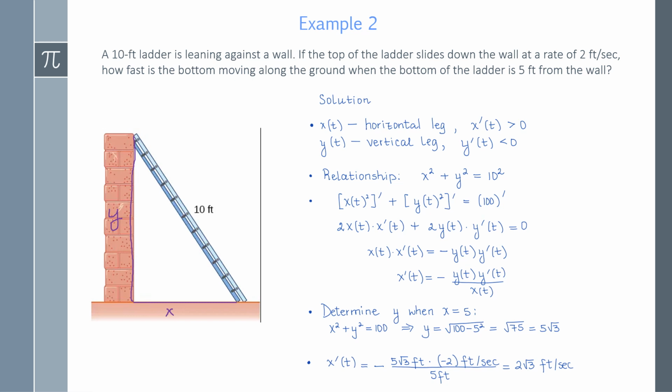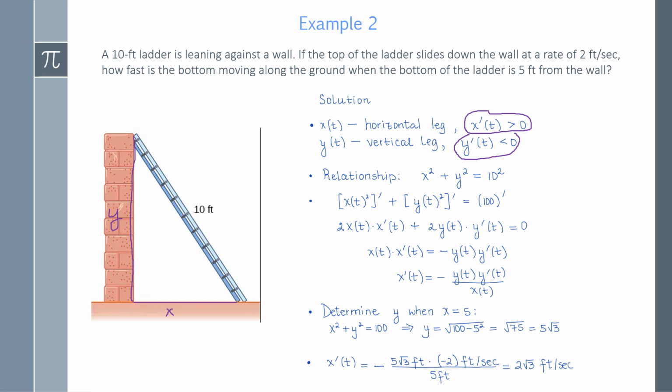That distance will be increasing, and that's why we say x prime of t is positive, okay? And then the vertical distance will be decreasing, so that means y prime of t is negative, okay? Now, what is the relationship between these unknown variables and 10?